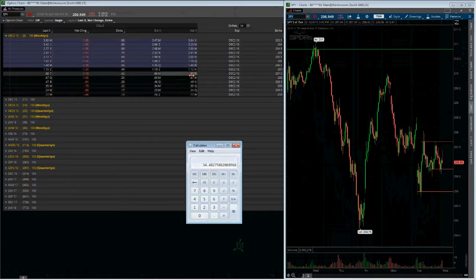And plain and simple, when I look at something that's a 34% gain, you might say, hey, that's a really nice gain. For options, it's really not that nice of a gain.